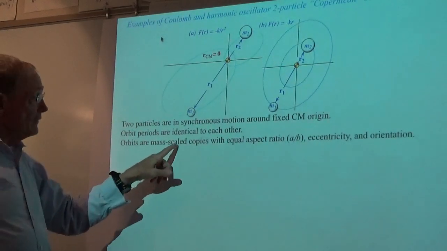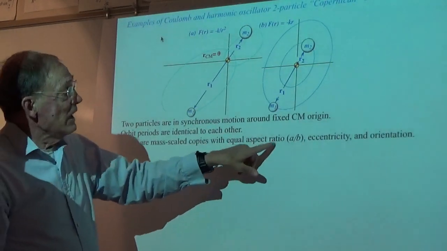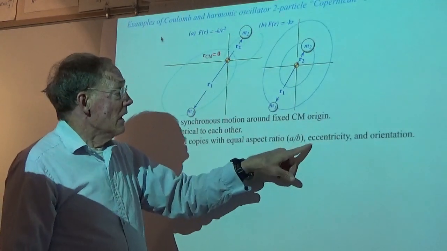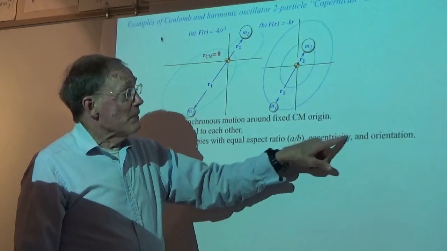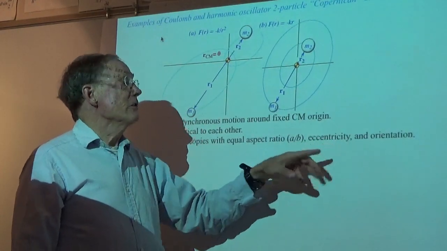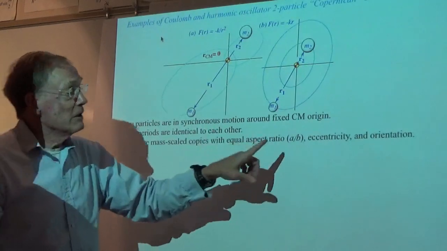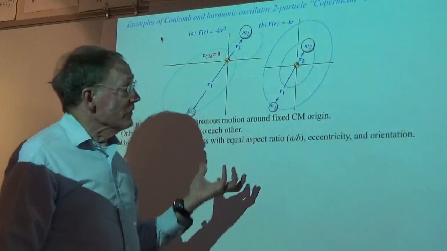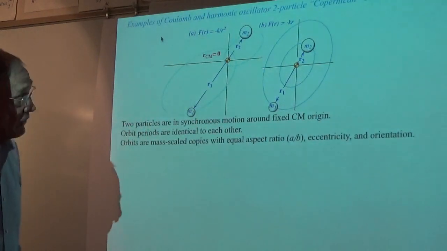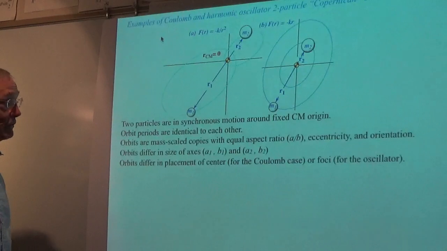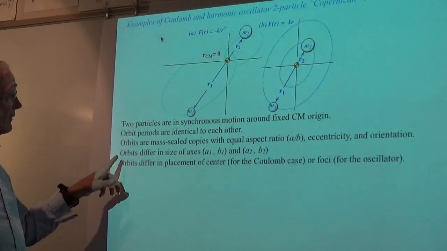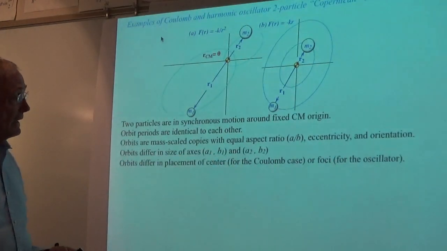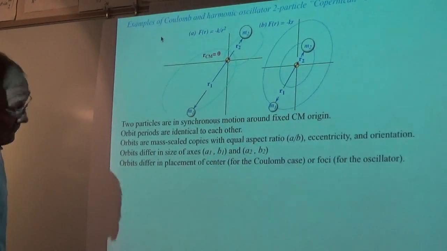The orbits are mass-scaled copies with equal aspect ratios for the A's and B's of the elliptical orbits, and scaled versions of eccentricity, scaled versions of the lambda, the lattice radius, and the orientation is basically opposite, but scaled, whatever the ratio of the masses is. And the orbits differ in size of axes by that proportion.